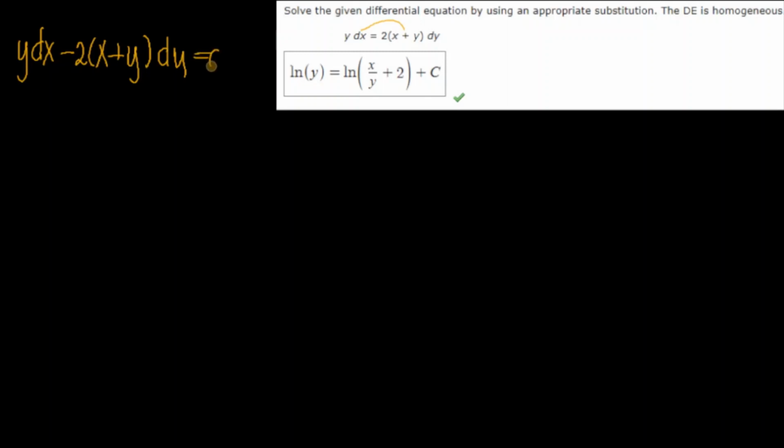Now our M of x and y is simply y, the coefficient of dx, and our N is negative 2 times x plus y.